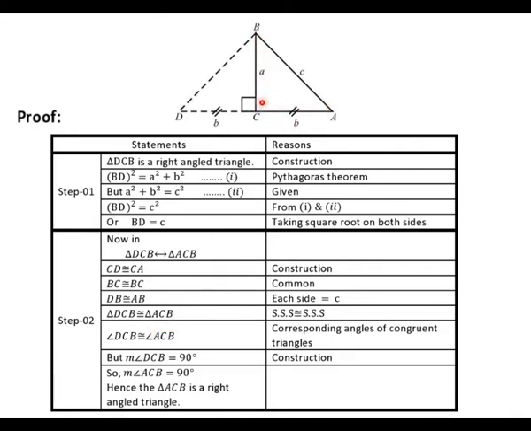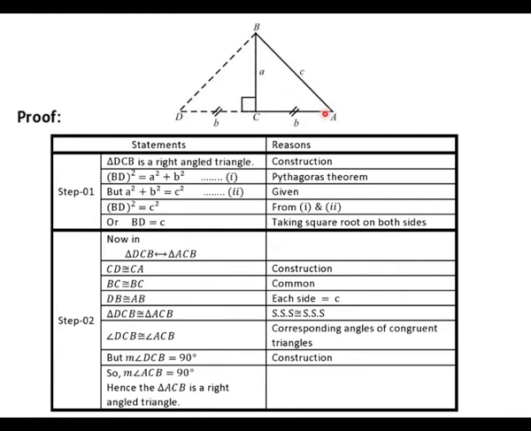ACB means this is the angle. So these both will be congruent because of the congruency of both triangles. But in the construction, we said that this angle C is of 90 degrees, and if this angle DCB is congruent to ACB, and the second thing is this angle is of 90 degrees, then this also will be of 90 degrees.